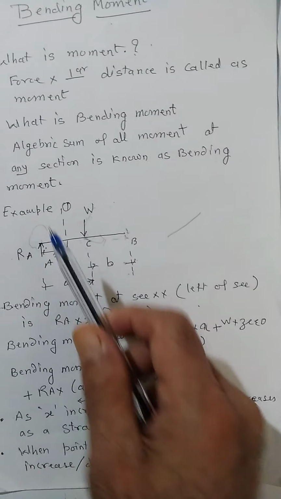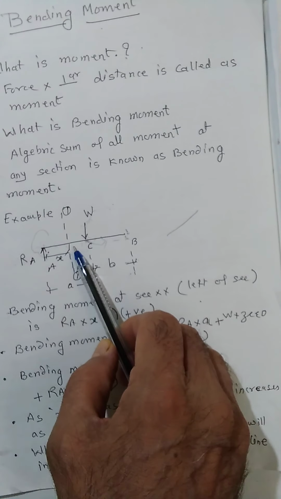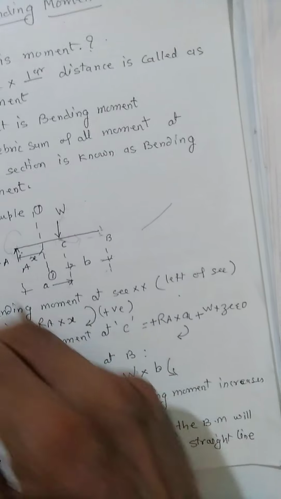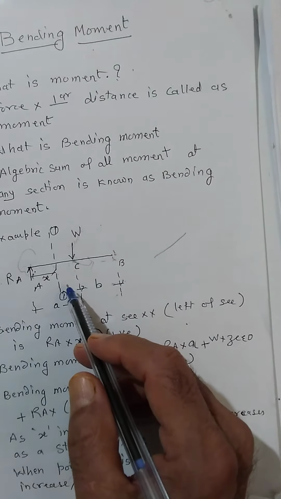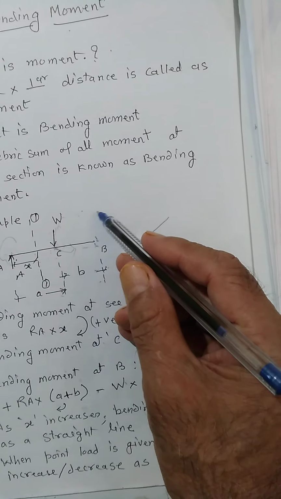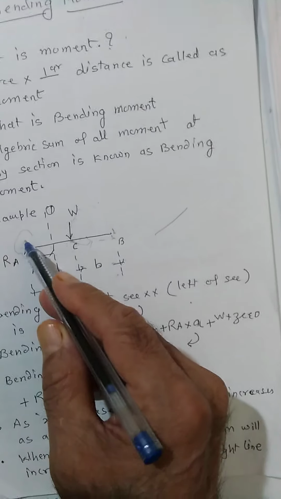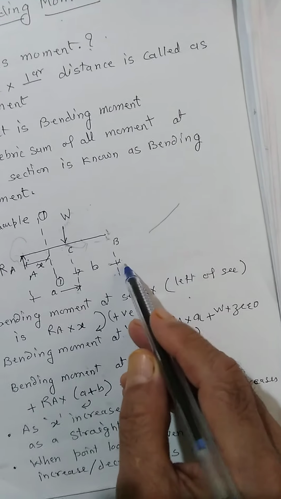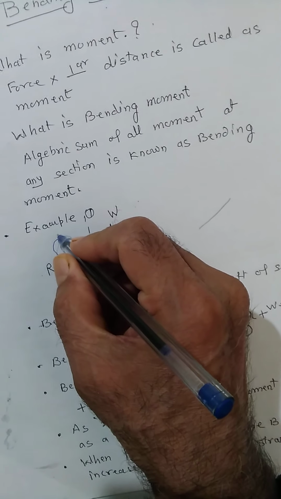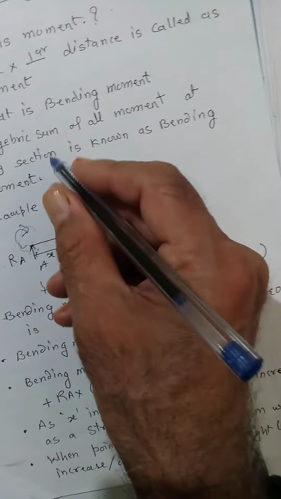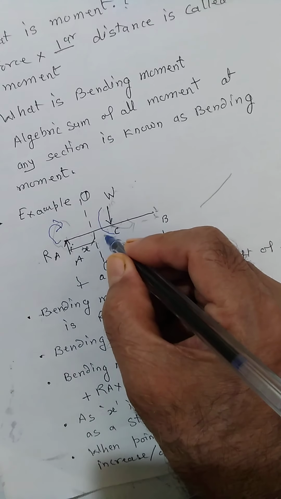As an example, this is the reaction Ra, and if I want to take the moment at this point, Ra into x, that is the clockwise moment, and at section 1 we call it the bending moment. If I want to take the moment at this section, then Ra into a plus b, clockwise, and w into this distance, which is taking an anti-clockwise moment.